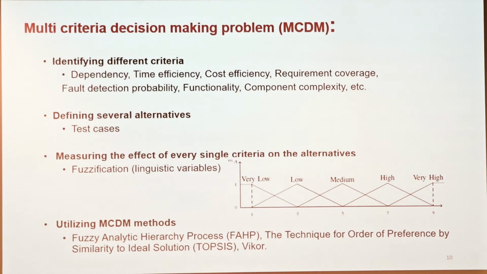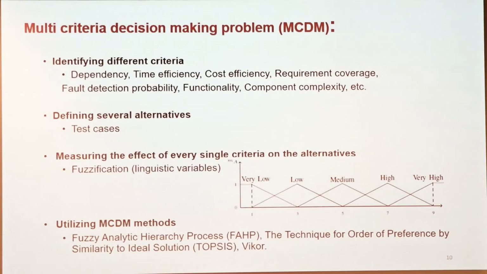For using multi-criteria decision making, you need to have a set of alternatives as well. In this problem, the alternatives are test cases. We have test cases as alternatives, we have a set of criteria, and in the next step, we need to measure the effect of every single criterion on the test cases, which is not an easy task. Sometimes you have a sharp value for test cases. For example, for requirement coverage, you are able to count how many requirements you are going to cover by executing one test case.